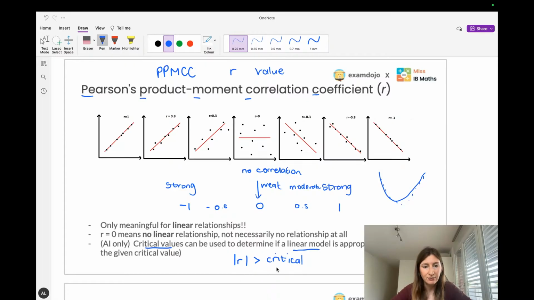If it's less than the critical value, a linear model is not appropriate. So a question might say, the critical value is this; determine if a linear model is appropriate. More than the critical value, and we're good. If not, then we can't assume a linear model is appropriate. But that's just for AI.